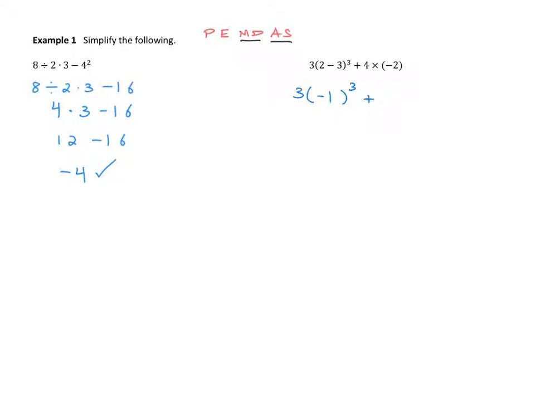I then would add 4 times negative 2. So next, I scan the expression. I see there's an exponent, so I have to deal with this negative 1 cubed. Since this is negative and that's odd, the answer is going to be negative, and 1 cubed is 1 times 1 times 1, which is 1. So this whole thing here is just equal to negative 1 itself.